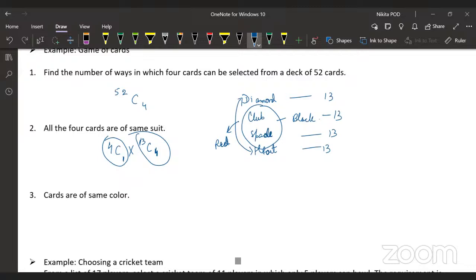Since 4 cards have to come from the same suit, it means first you need to select the suit. There are 4, so out of 4, you need to select one. Once you select the suit, you go ahead and choose 4 cards out of that.